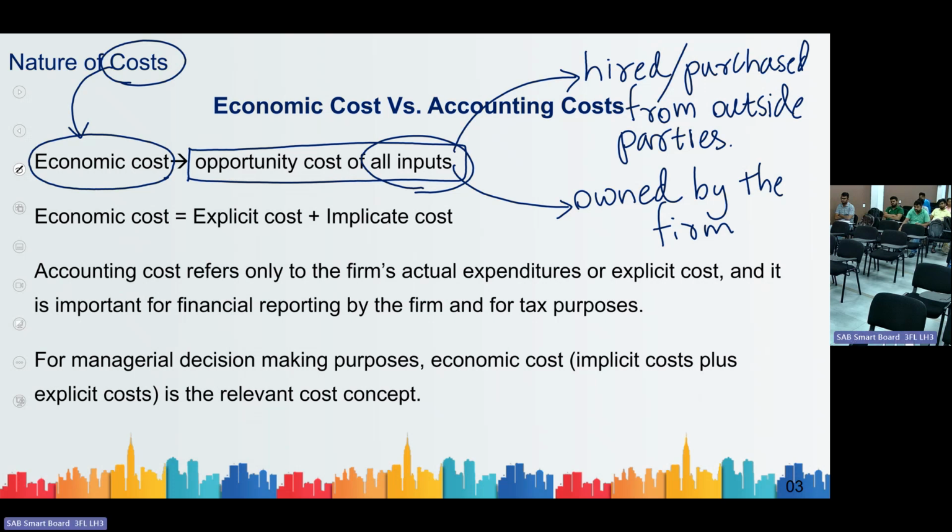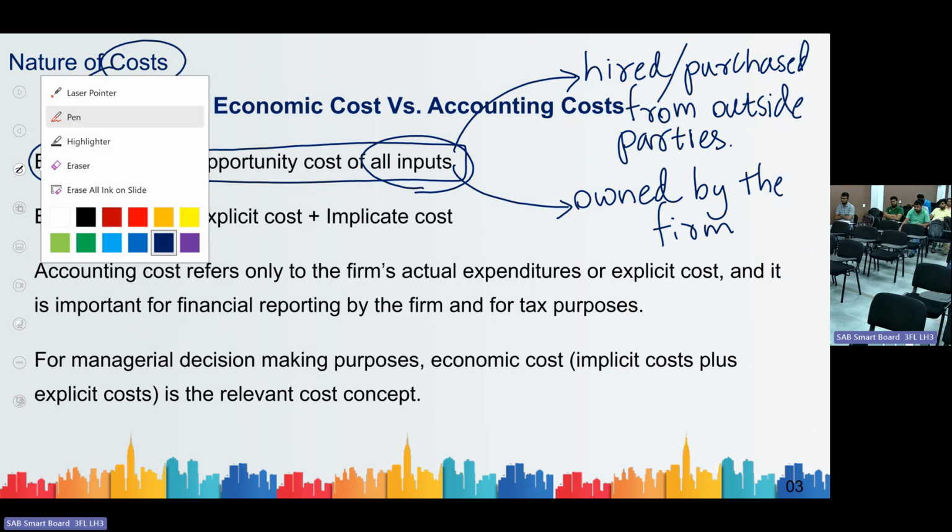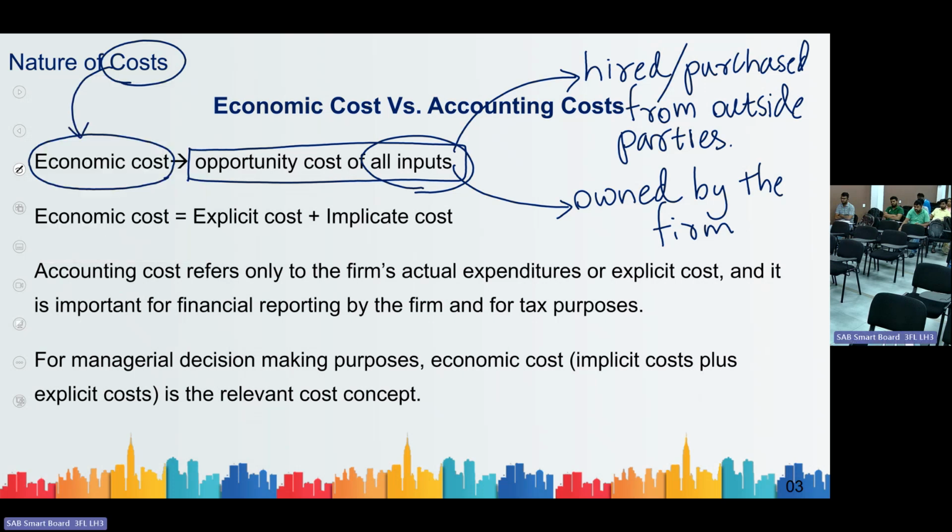Because of hired or purchased inputs, firms incur explicit costs. Explicit cost means the actual costs out of their pockets.